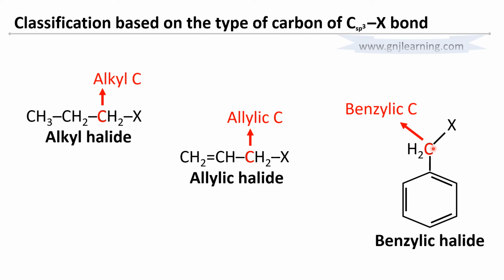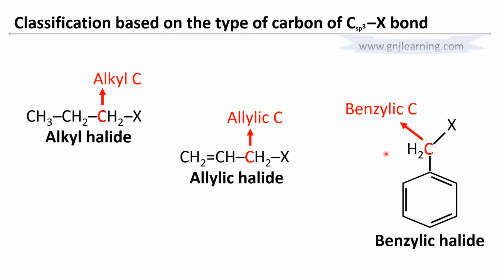benzylic. So when is a carbon allylic? We call it an allylic carbon if the sp3 carbon is attached to a normal sp2 carbon. We call a carbon benzylic if it is in sp3 hybridized position and is attached to a carbon which is in the benzene ring.